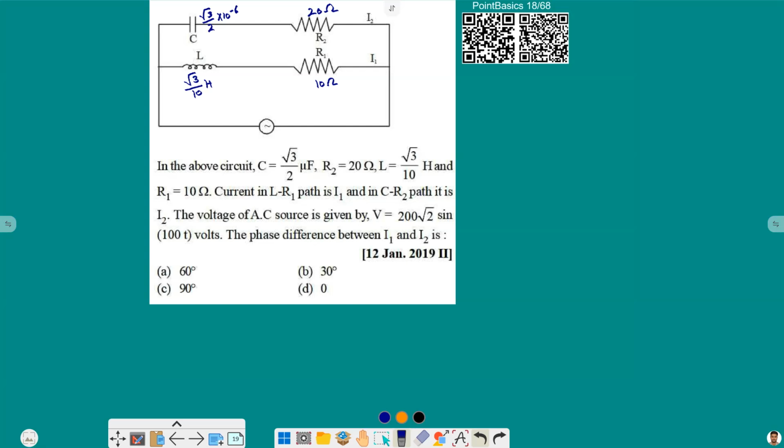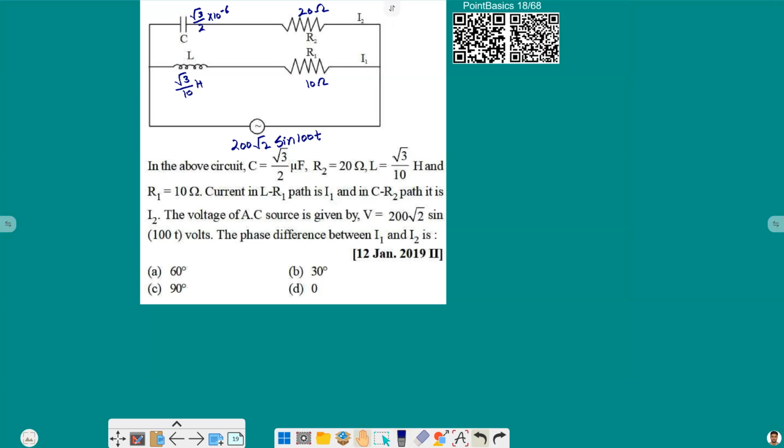The current in the lower path is I1 and in the upper path is I2. The voltage is 220 root 2 sine 100 t, where this is the peak value and this is omega. We have to find the phase difference between I1 and I2.